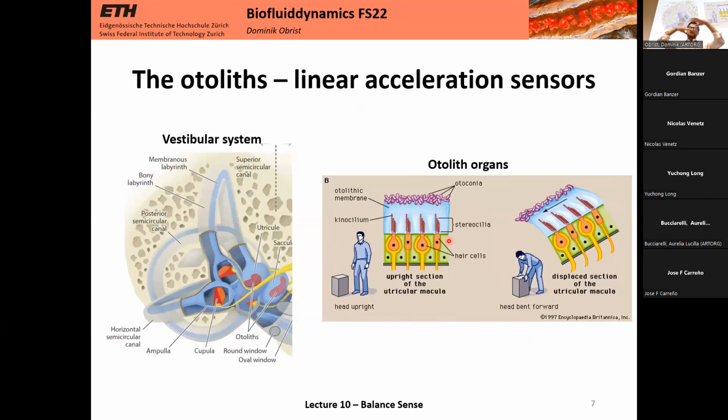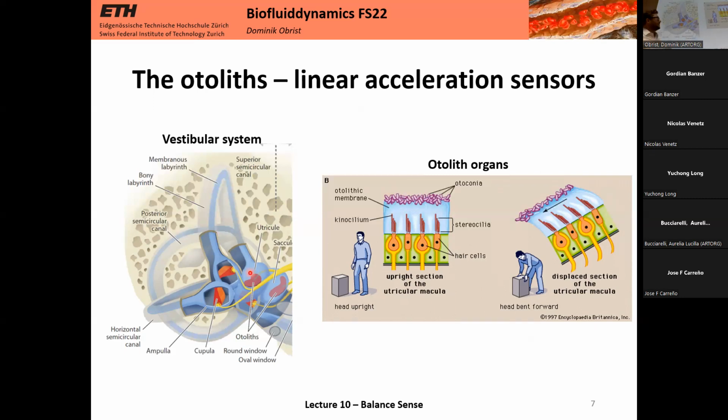Something which can shear, which can move, which has some elastic properties, has a lot of damping. And on top of that, we have little crystals. These crystals are called otoconia. These are calcite crystals, and they're heavier than the surrounding endolymph fluid. And this is all immersed in endolymph, okay?